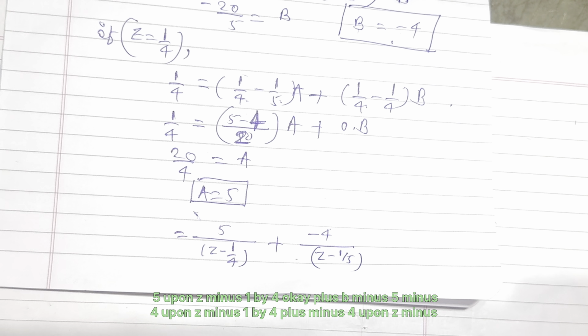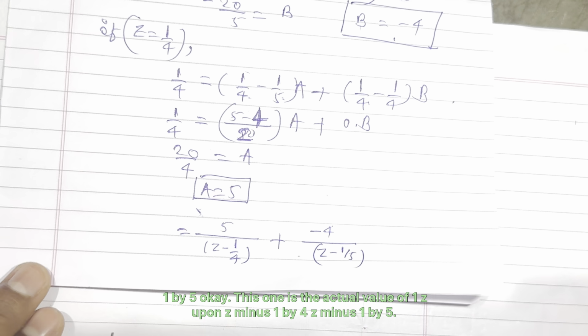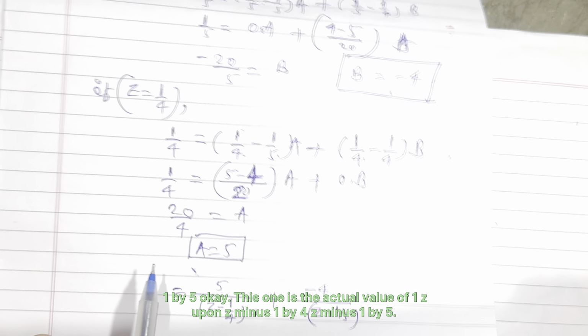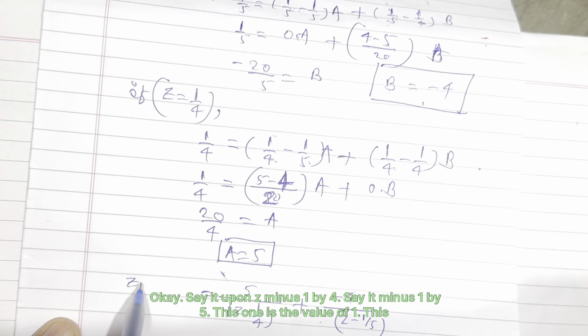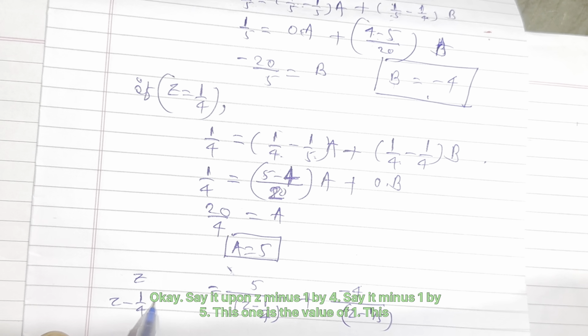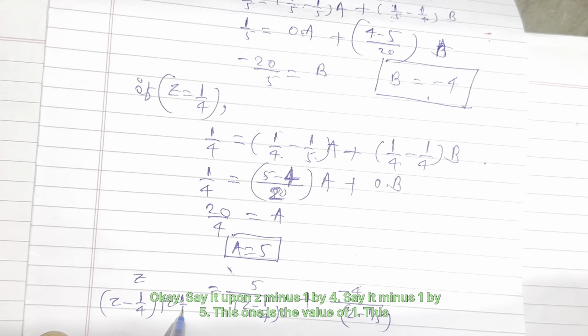So this is 5 upon z minus 1 by 4 plus minus 4 upon z minus 1 by 5. This is the actual value upon z minus 1 by 4, z minus 1 by 5.